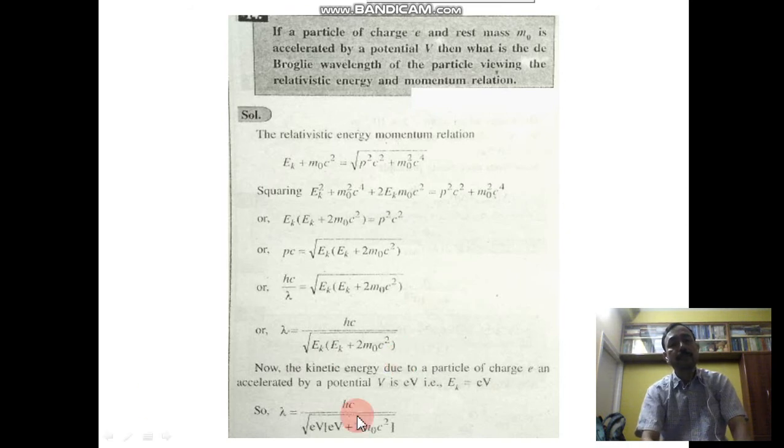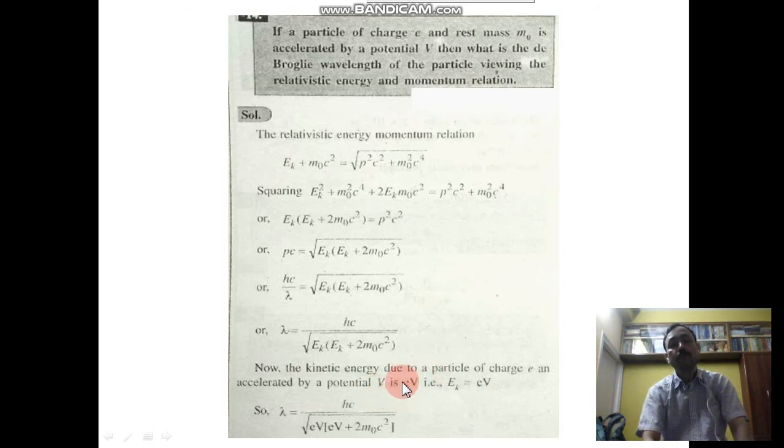This is just like the previous one. Now, when a particle of charge E is accelerated through a potential capital V, it will experience E into V amount of energy.